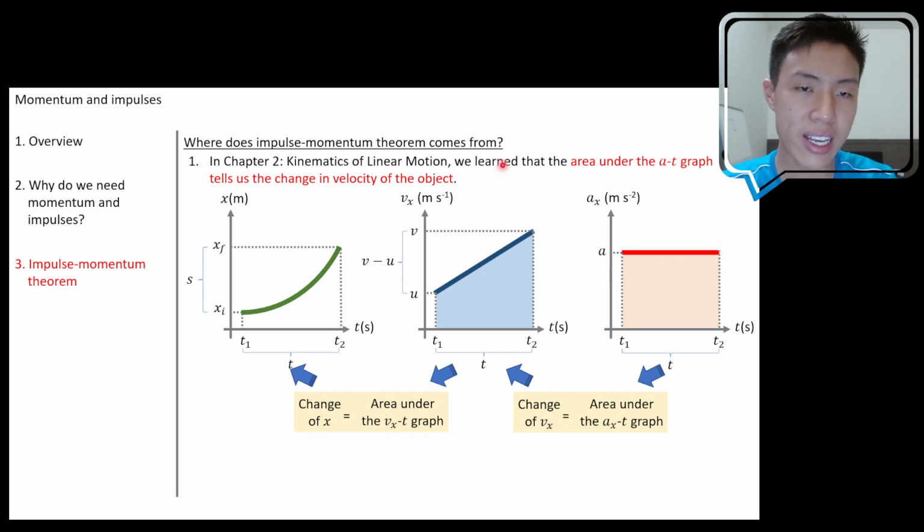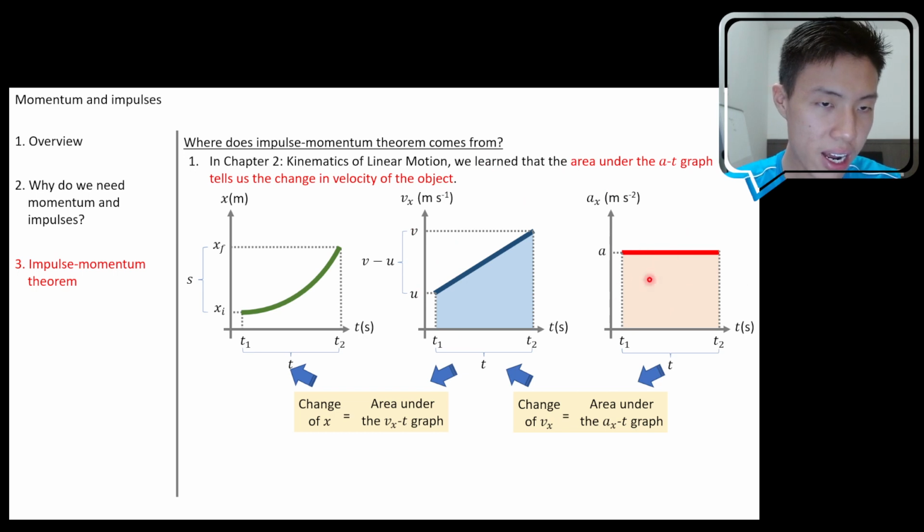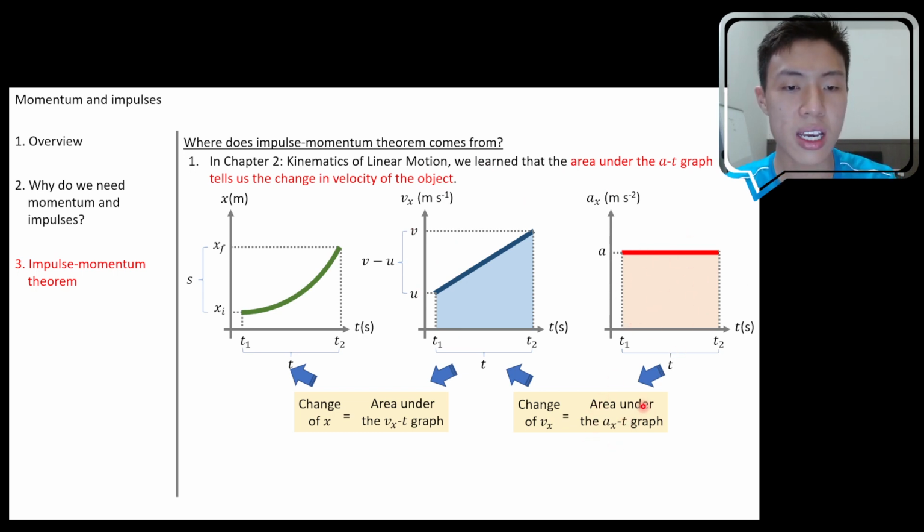But I want to highlight these two graphs over here, because we learned that the area under the a-t graph is equivalent to the change in velocity that happens during this duration. So from t1 to t2, the area under the a-t graph will be equivalent to the change in velocity during the same duration.